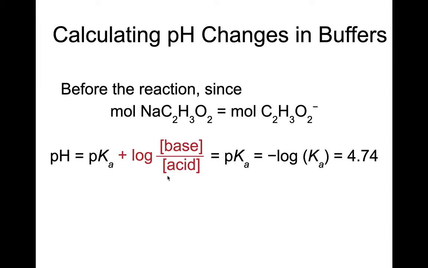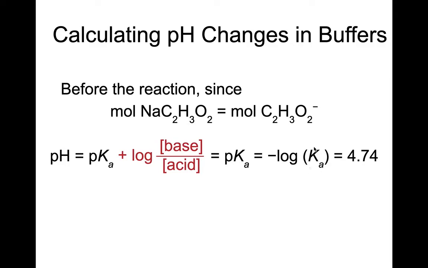So this whole piece in red would be the log of 1 because these are equal, and the log of 1 is 0. So this whole piece in red we can ignore, which means our pH is equal to our pKa, which is the same thing as writing the negative log of Ka, equal to 4.74. If we wanted to work this through the dissociation constant, we could calculate it from here, right?